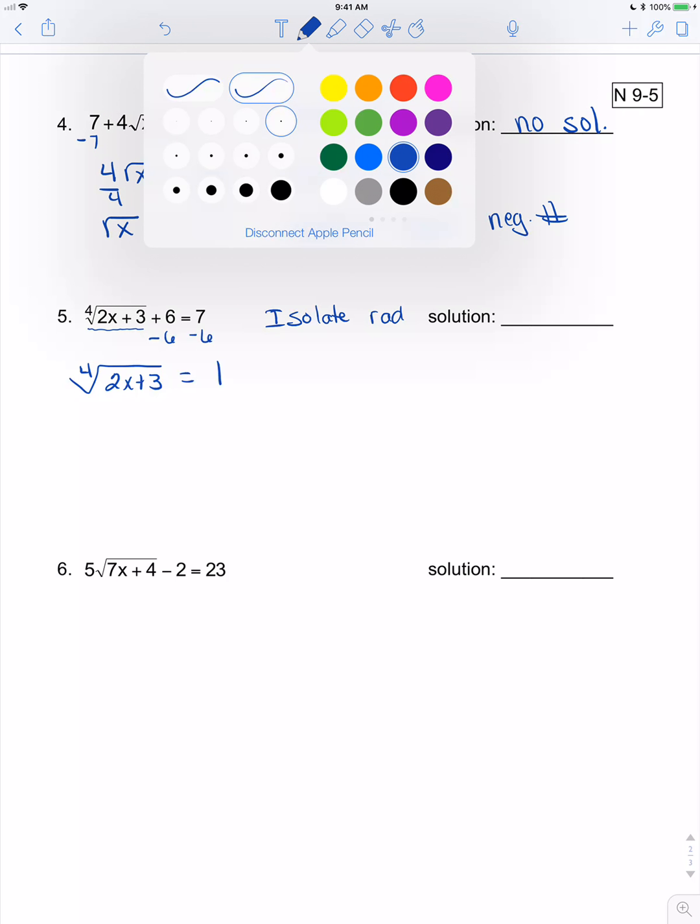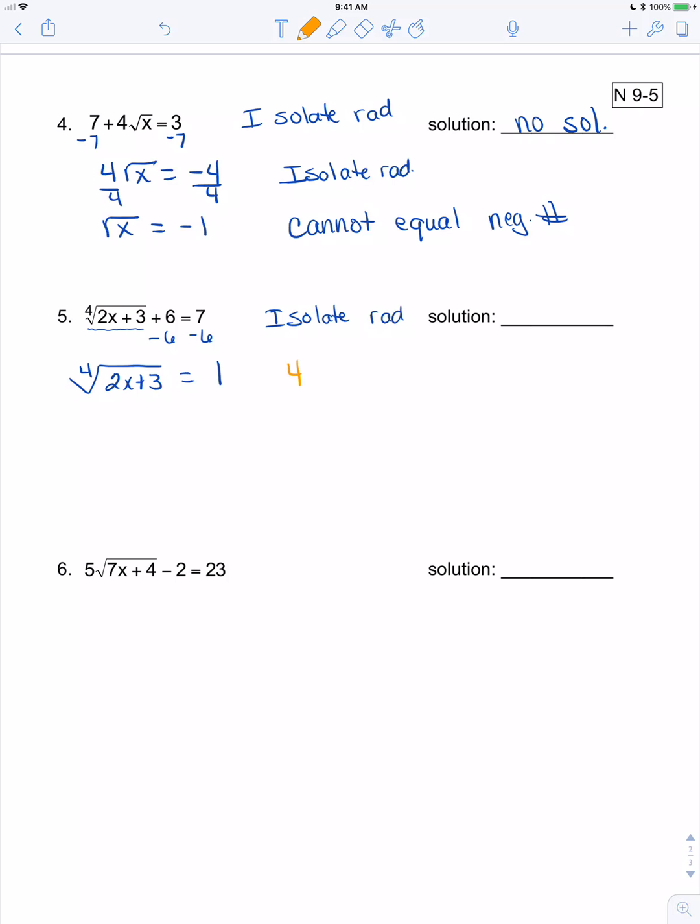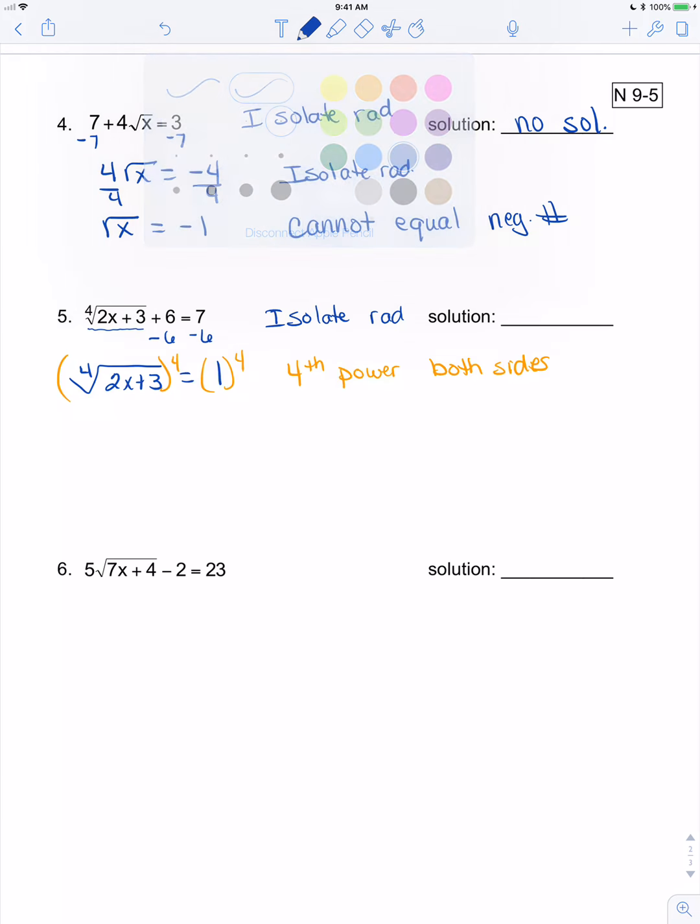Well, you should be thinking by now we need to take that to the 4th power on both sides to get rid of that 4th root. So whatever that root is, that's what power you have to take that to. Okay, so the 4th root of 2x plus 3 raised to the 4th power just leaves us with 2x plus 3. And 1 to the 4th power is just 1. 1 times 1 times 1 times 1 is still just 1.